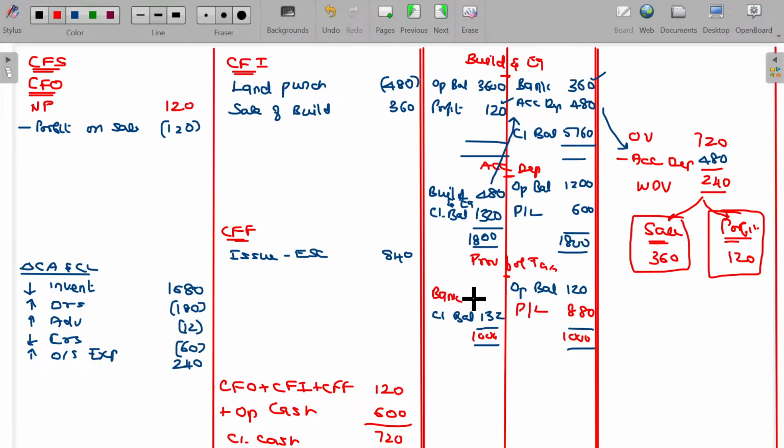How much is that? 868. Usually you create the provision for the taxation. If there is a shortage, additional provision can also be created. From that the payment will be finished, and for the next years also we create the provisions. Initially what we have is usually paid. Closing balance is created. That's the logic.